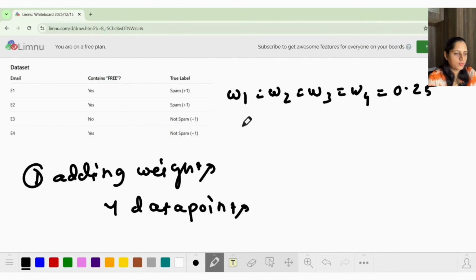So it's 0.25. So we got our weight for the 4th one. Our focus is on E4, email 4, and I got 0.25.